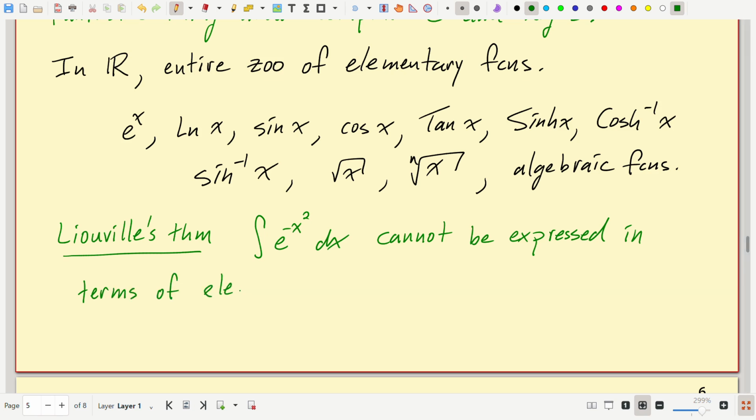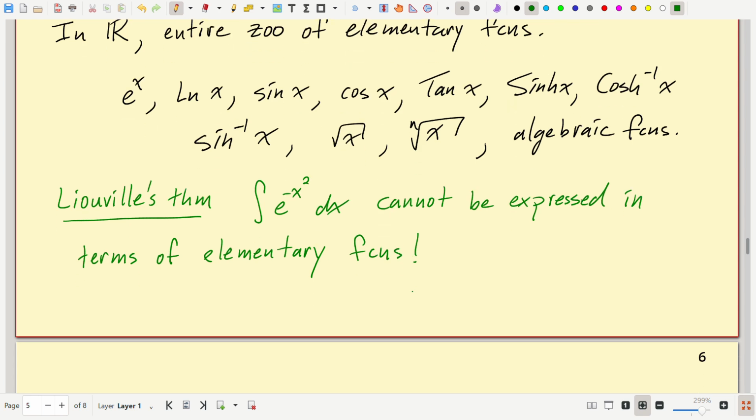Which is a bummer because everybody wants to get their hands on that function. You can compute it numerically. Well, Liouville used complex analysis to demonstrate that.